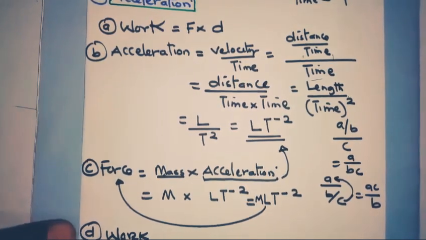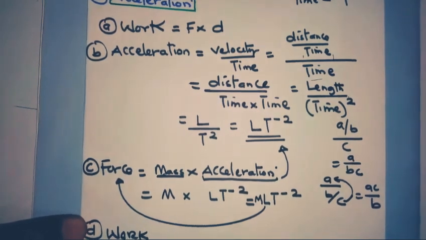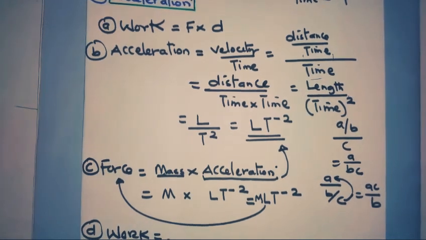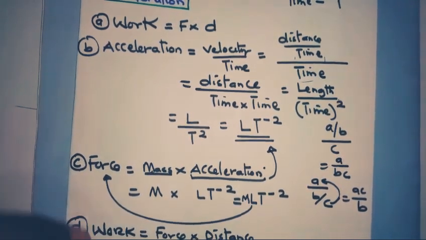So the last example under this is for work. Now that you know the dimensions for acceleration and for force, how can we do that for work? So work is a force multiplied by distance, and distance is a length.